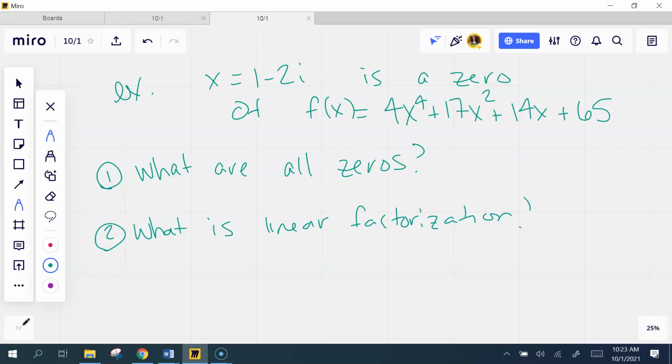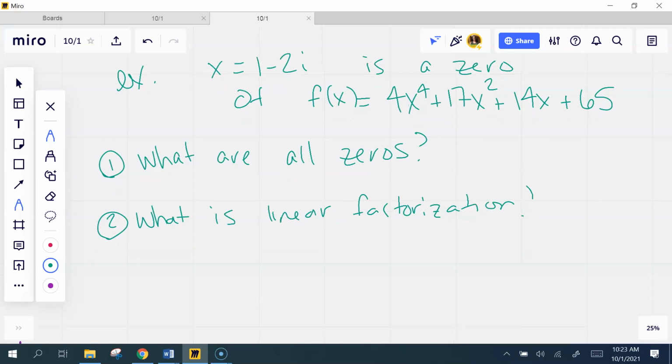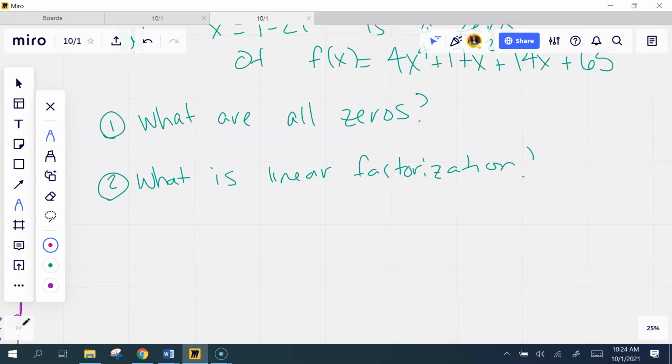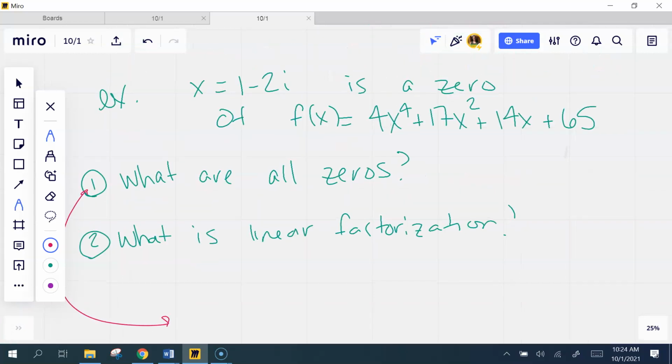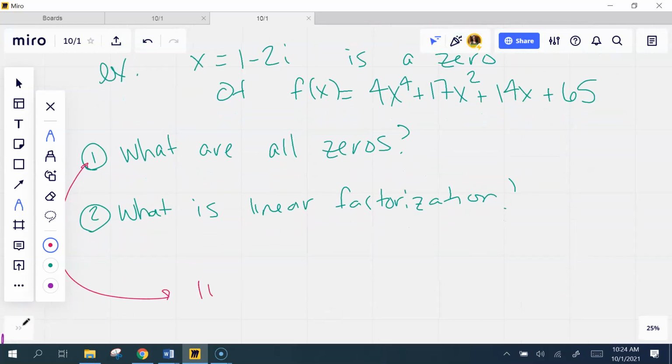That would work. What else could you do? You're definitely on the right track too with the conjugate thinking. Here, the first thing I know is, if 1 minus 2i is a zero, that means 1 plus 2i is also a zero.